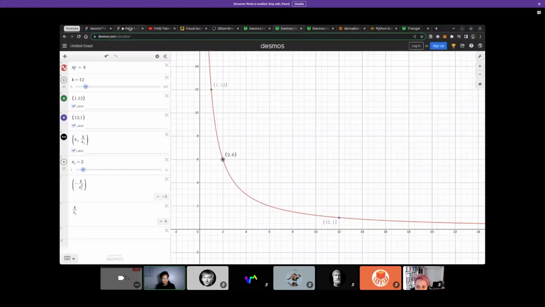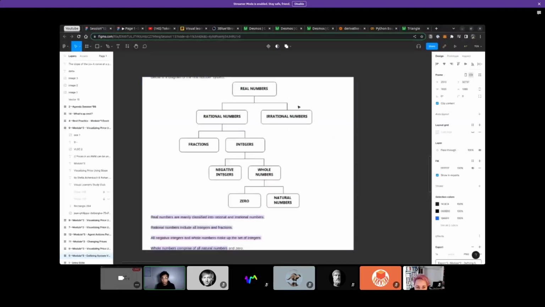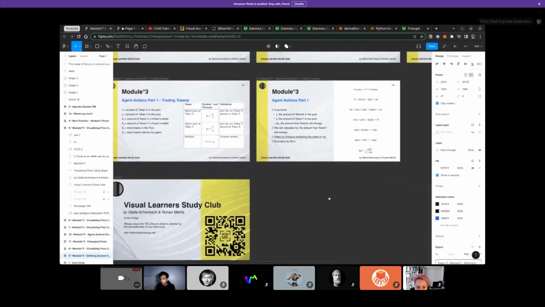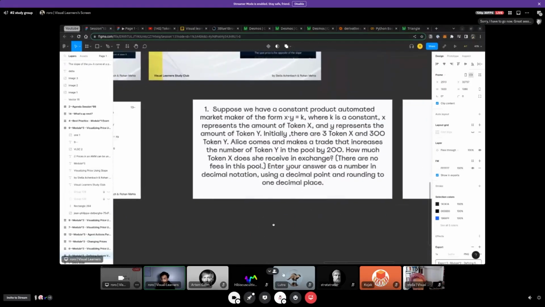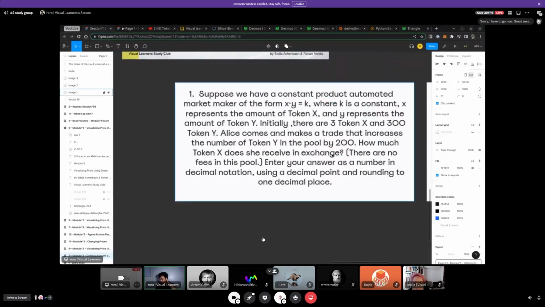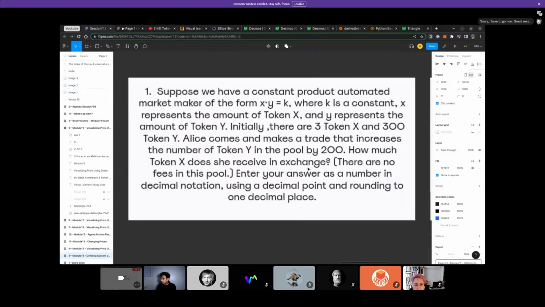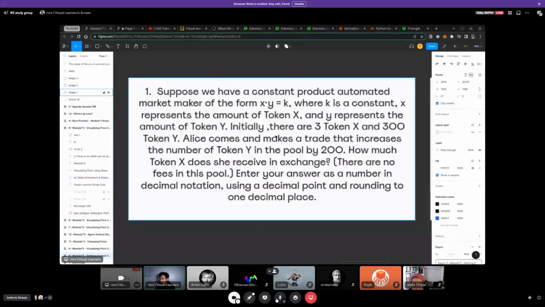In fact, we can just go here and actually do a question together, which will make a lot of sense for everyone. This is a question that was in one of the module exams that we had. But basically, Stella, do you want to read this and tell me what information you actually have from the question itself?